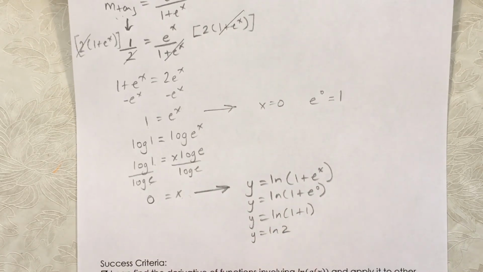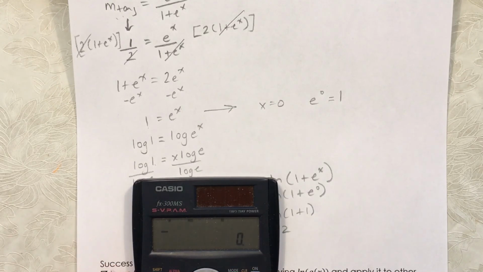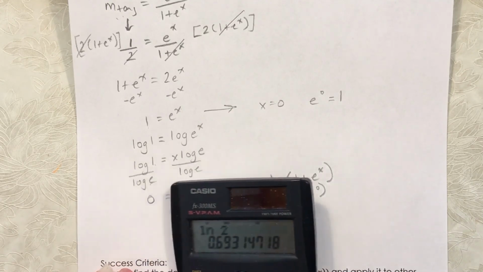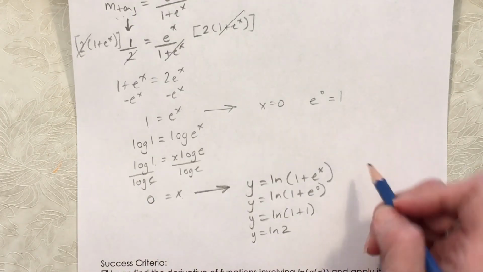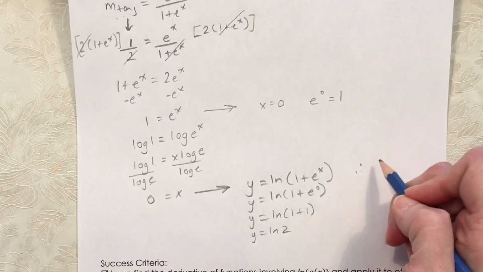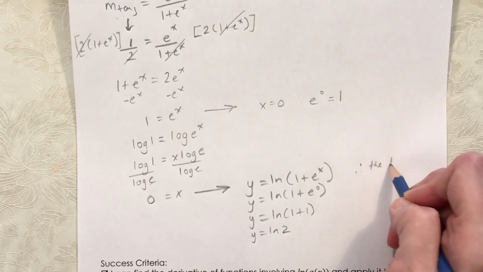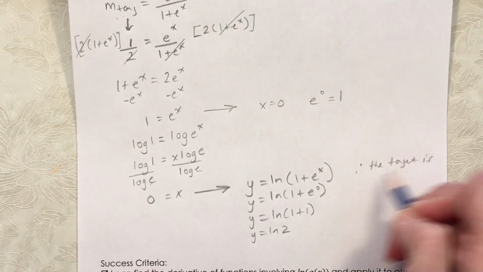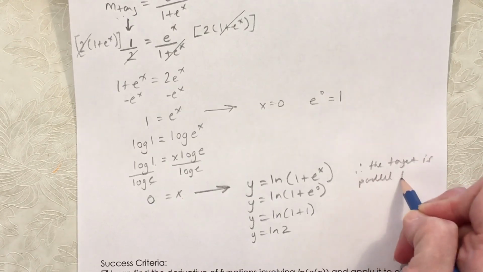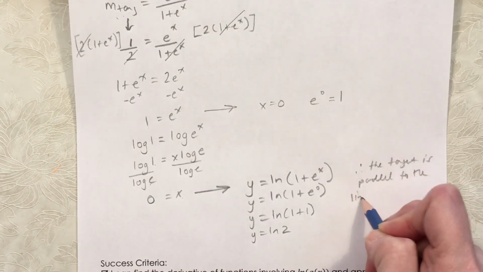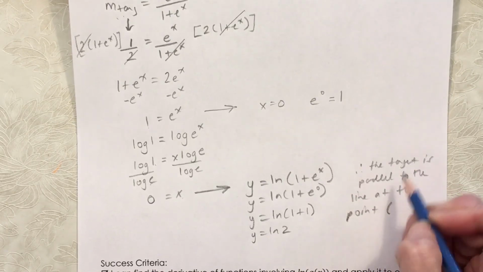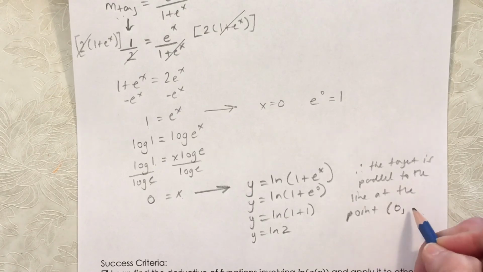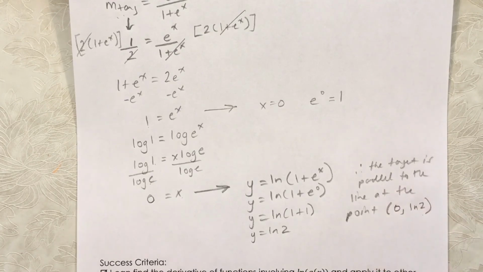I mean, that's not a nice number. You can try to find the ln of 2 on your calculator. It's a decimal, 0.6931, etc. So we leave it as ln of 2. So therefore, the tangent is parallel to the line at the point 0 for x, ln 2 is the y value.